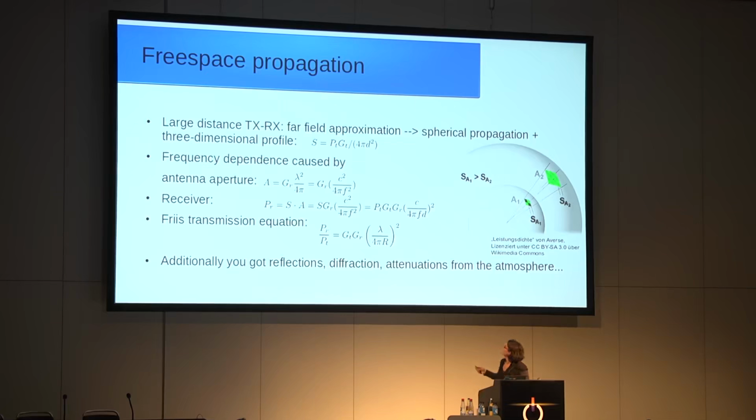And the inverse factor of this equation is called the free space loss, which is actually the minimum loss you always have if you have two antennas sending something around. Mostly you additionally get reflections, diffractions, attenuation from the atmosphere and so on. But this is the minimum loss you have.